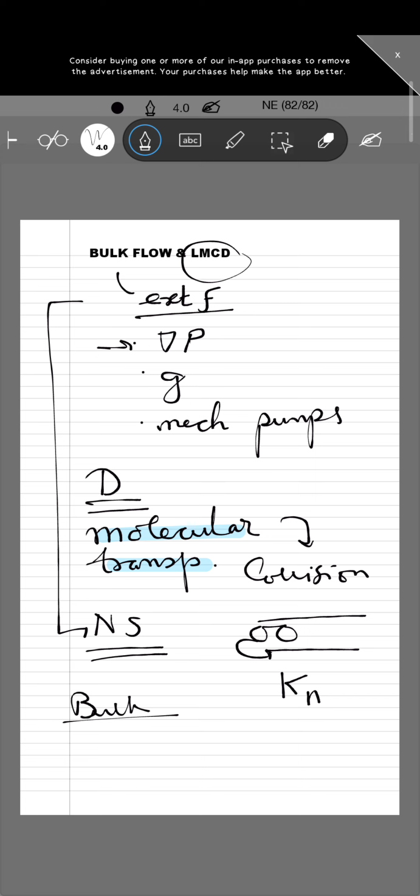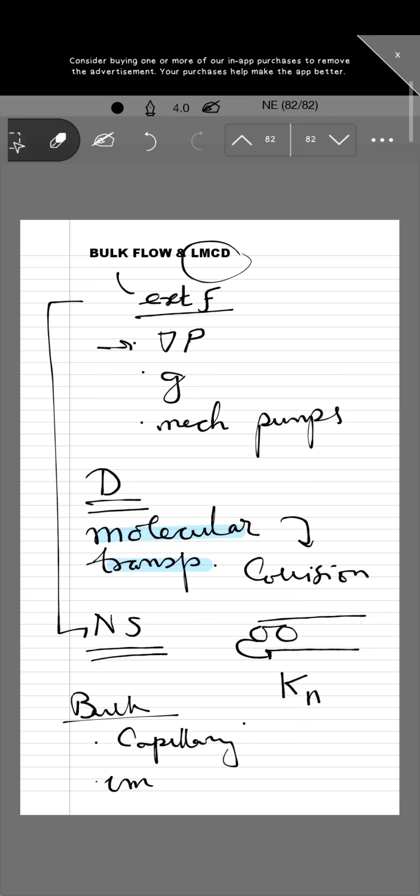Two more ways by which a bulk flow can occur in microfluidics are through capillary action, or through an electromotive force, which is an electricity driven force.